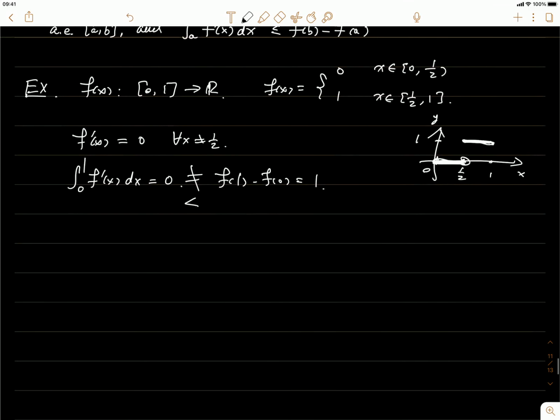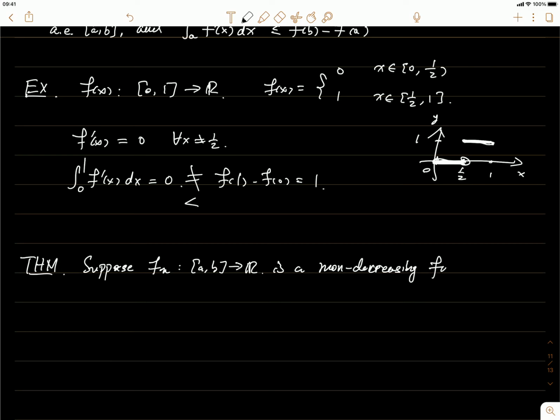Okay, another theorem we're going to give is about the infinite sum, or the derivative of an infinite sum. Suppose we have a sequence of functions defined over the interval, and each of them is non-decreasing. Suppose f_k is a non-decreasing function for every k.